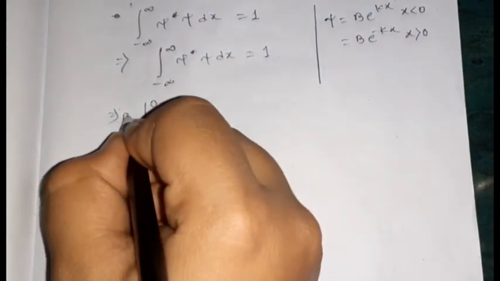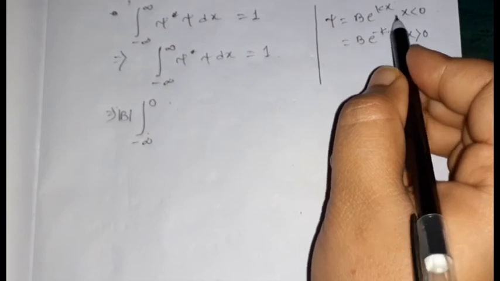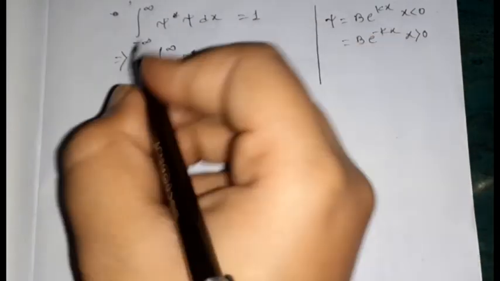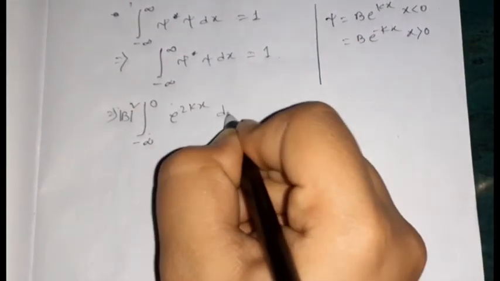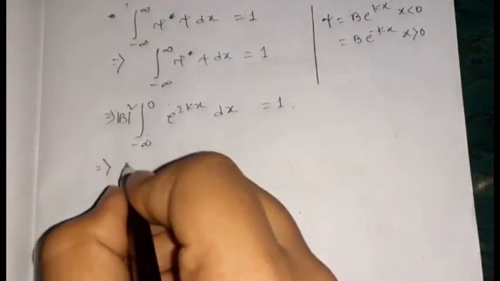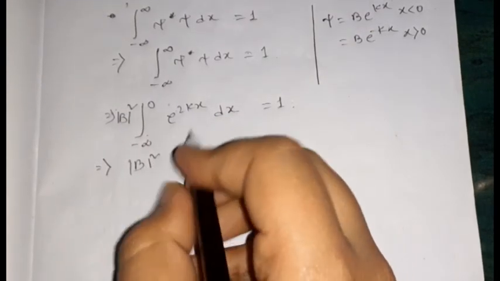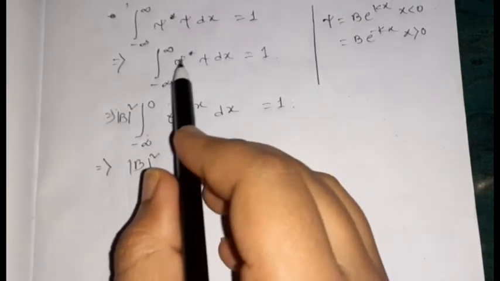Now as you can see, there is no i dependent term, i meaning the complex root over minus 1. So the complex conjugate of b e^(kx) is also b e^(kx). So we get mod of b squared, dividing the integration into two parts.